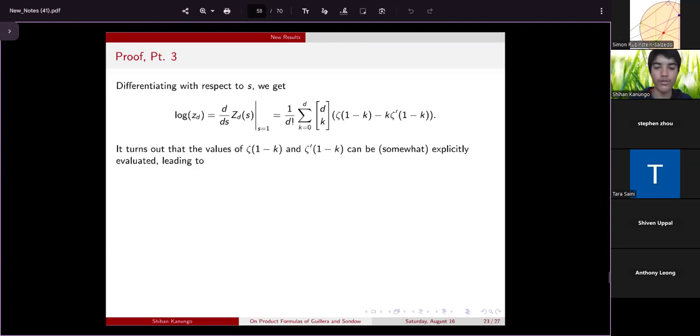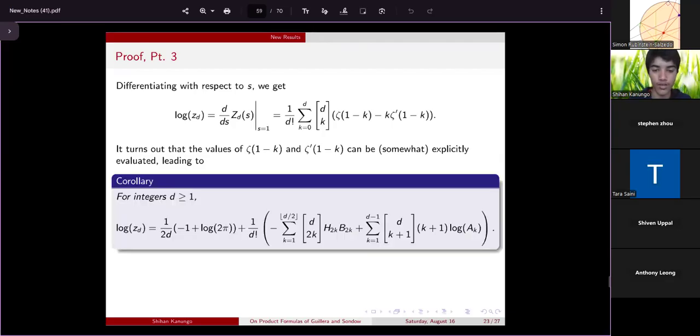And we can sort of do this. The values of zeta of 1 minus k and zeta prime of 1 minus k for integer k, we can explicitly evaluate these in terms of some constants. So if we actually do this, then we get this kind of nasty looking corollary, which explicitly evaluates all of the ZDs. So this part is fairly straightforward.